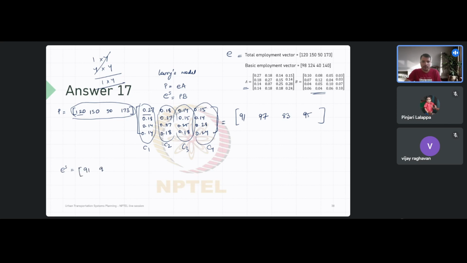P is nothing but 91, 97, 83, 95, and B we have as 0.1. So we have the matrix, P into B.